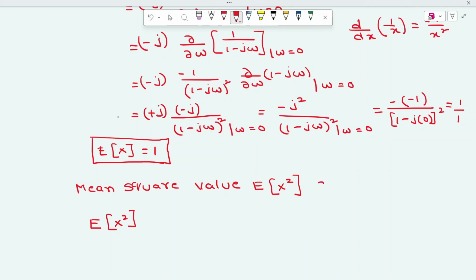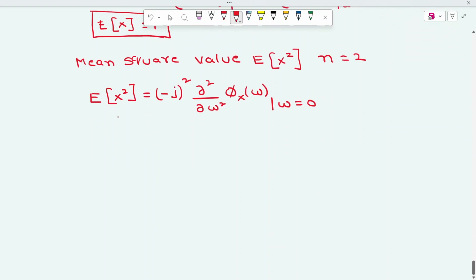What is the expression for expectation of x square? Minus j whole square dou square by dou omega square of phi x of omega, and we have to substitute again omega is equal to 0.